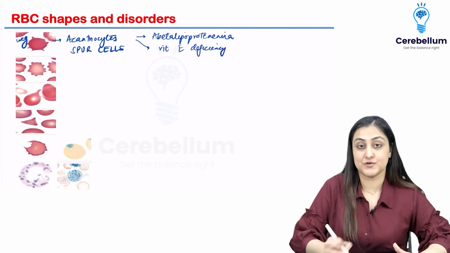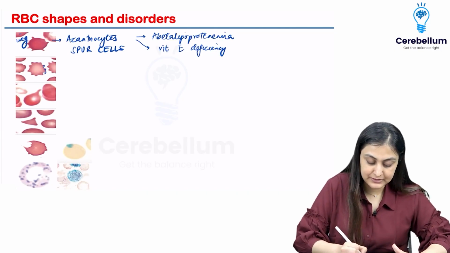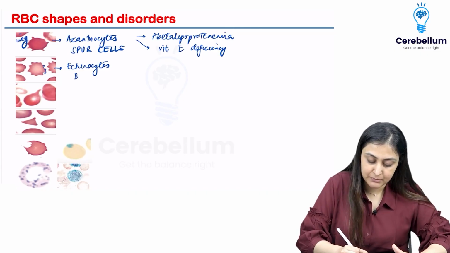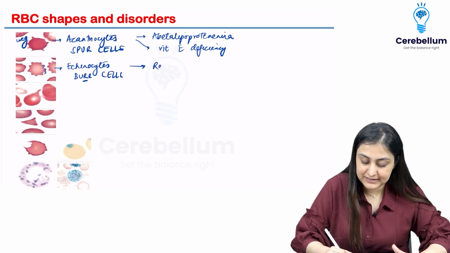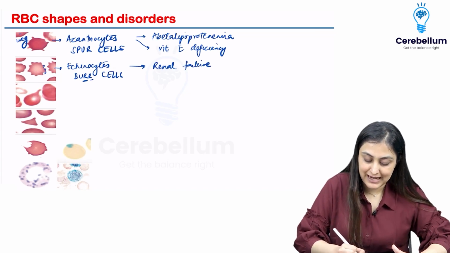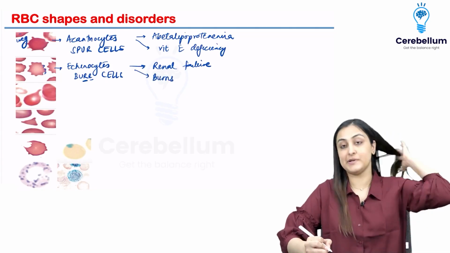Apart from that, when you see that there are regularly spaced projections, these are known as echinocytes, also known as Burr cells. Okay, so you want to remember R for regular, R for renal failure, and BU for burns. All right, so the Burr is helping us so much.